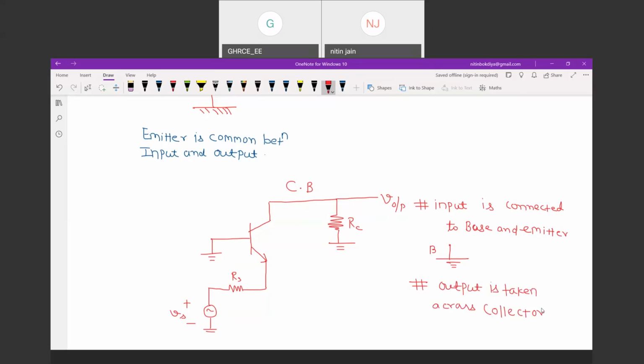So these are the input and output terminals of common base.